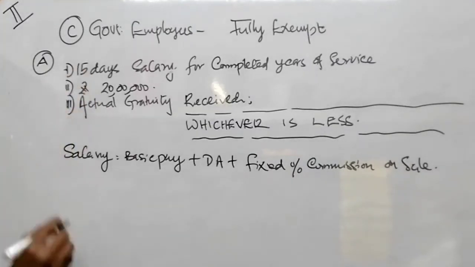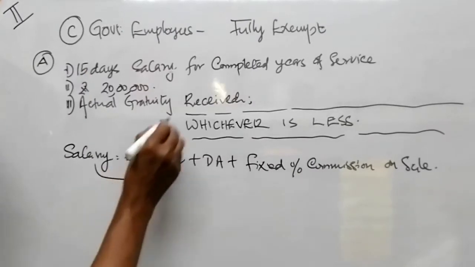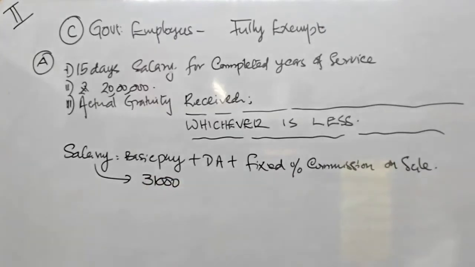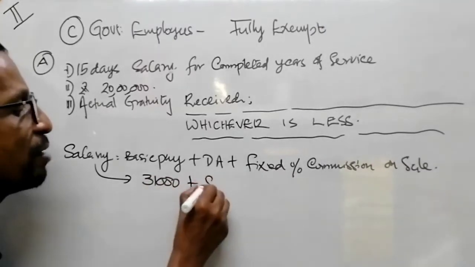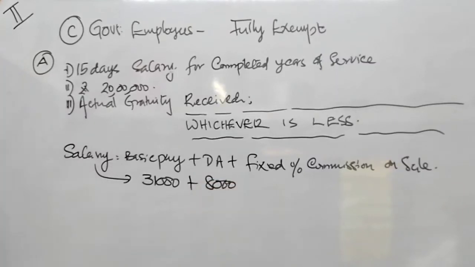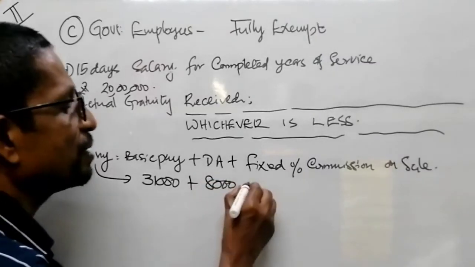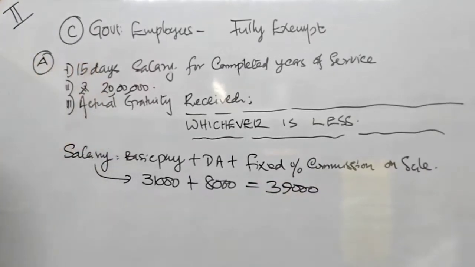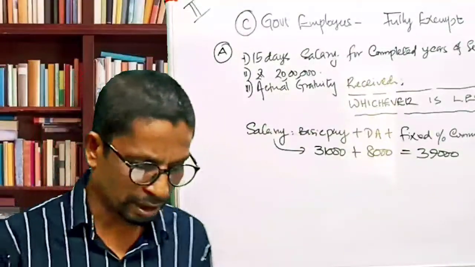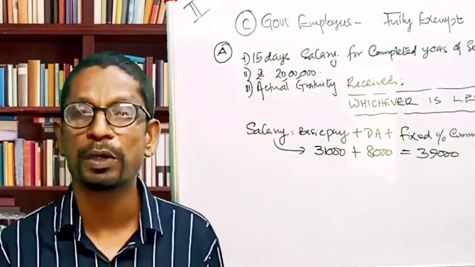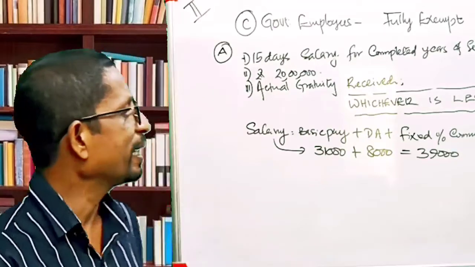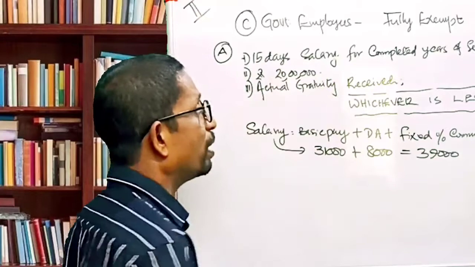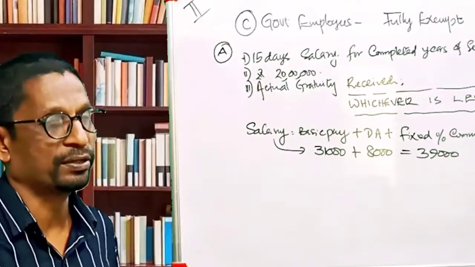Here, 15 days salary. Salary here means basic pay, how much? We told 31,000 is the basic pay plus DA. How much DA? 8,000. So total how much now? His monthly salary rupees how much now? 39,000. 39,000 is the monthly salary of this person. And 39,000 is the monthly pay. What's the condition here? 15 days.